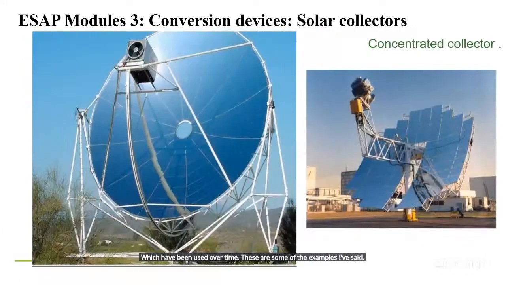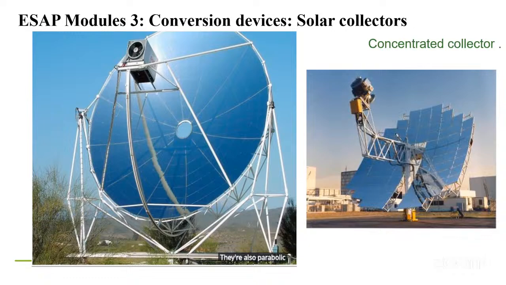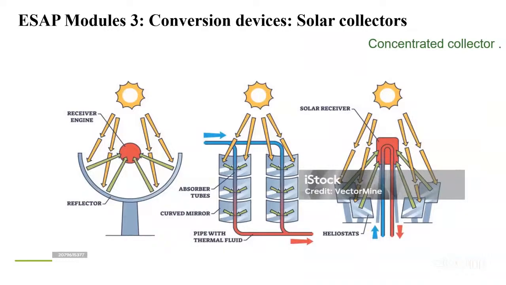But we also have the concentrated collectors. These take different shapes, but in most cases they are also parabolic, with energy concentrated at a focal point. This is how it works.